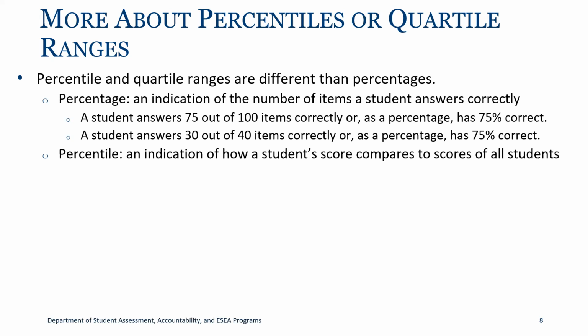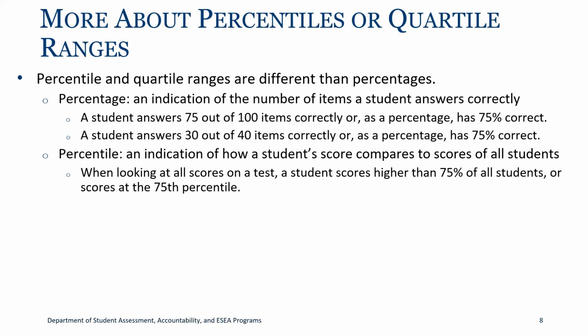Now, let's think about a percentile, because percentiles are used on the resource document that is being provided, which I referenced earlier in this video. Instead of talking about the number correct or the number of answers correct, a percentile shows how a child's score compares to all of the other children's scores on the same test.